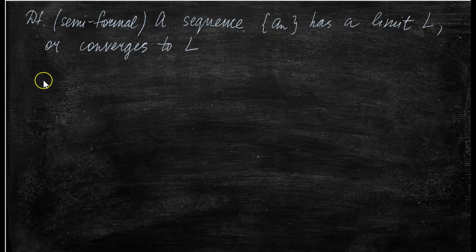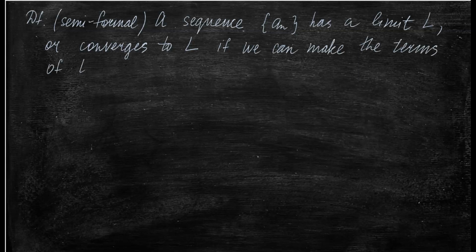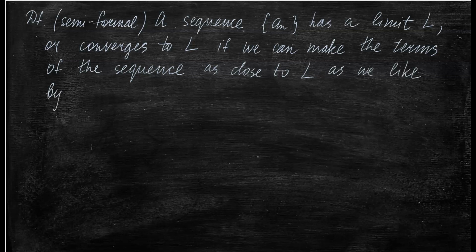A sequence has a limit L or converges to L if we can make the terms of the sequence as close to L as we like by taking n sufficiently large.